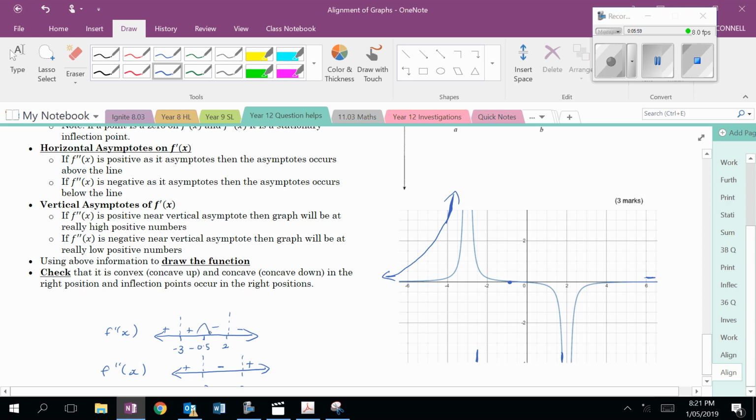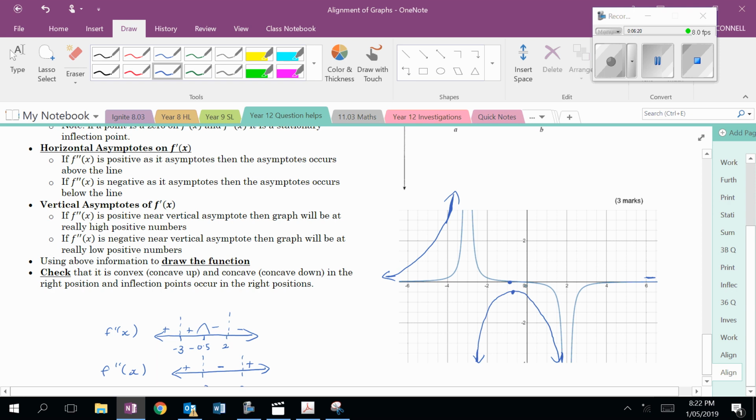Now, we don't really have enough information to tell us where the maximum is, but let's just put it there. And so we'll get a function that looks something like that. If you're not told where a particular point where the graph goes through, then you just have to put it anywhere where it seems reasonable.